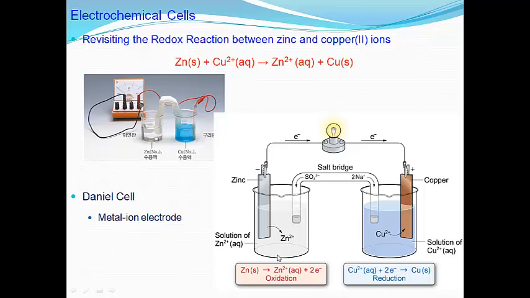Now, on this side of the cell, in order to maintain electrical neutrality, you have an excess of zinc 2+ ions in the solution.